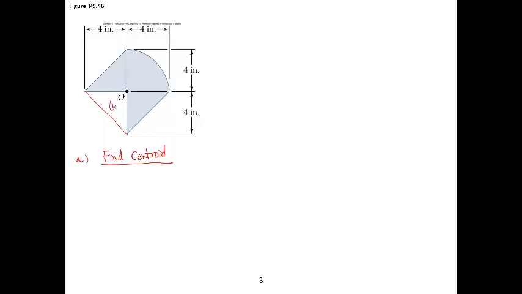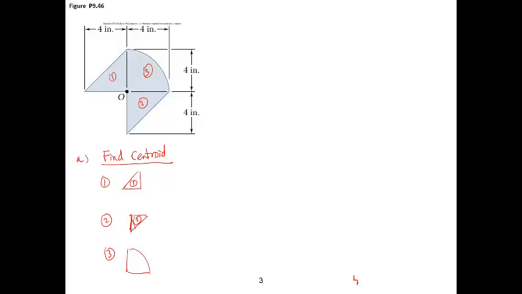My area 1 is this triangle hole right here, and area 2 is this big rectangle. Actually, I don't think that works, so let's try something else. In this case, it may be easier if my area 1 is this piece, area 2 is this piece, and area 3 is just the quarter circle. So here's my 1, here's my 2, and here's my 3.